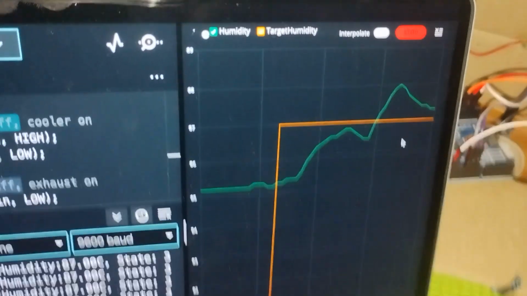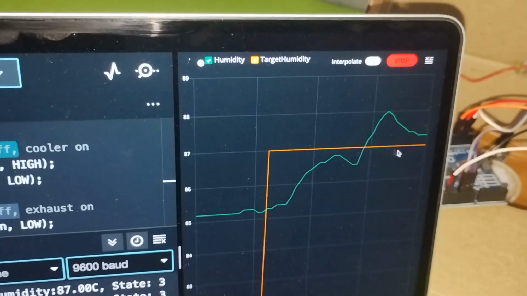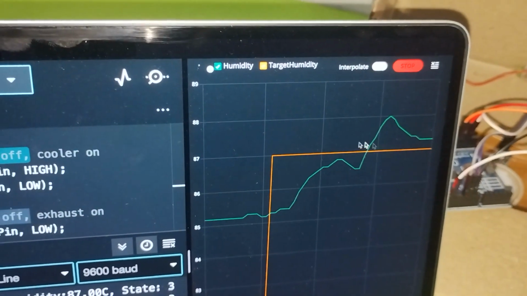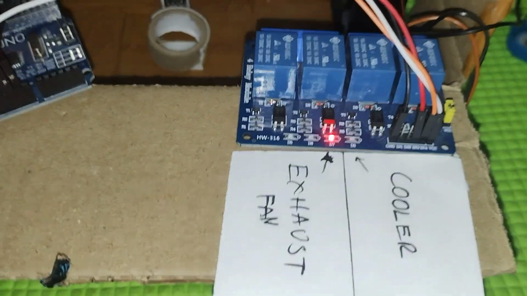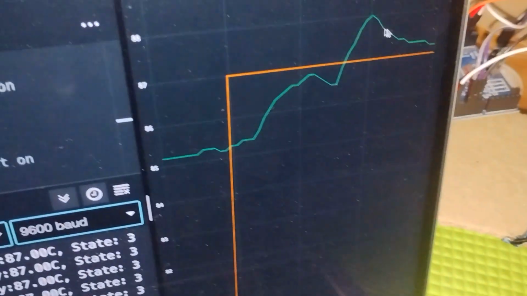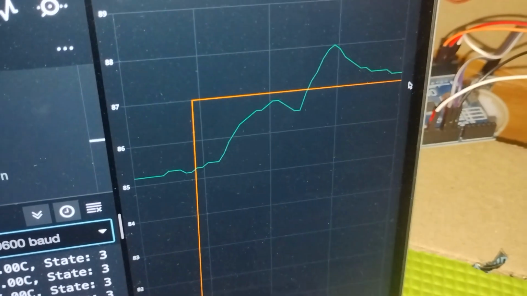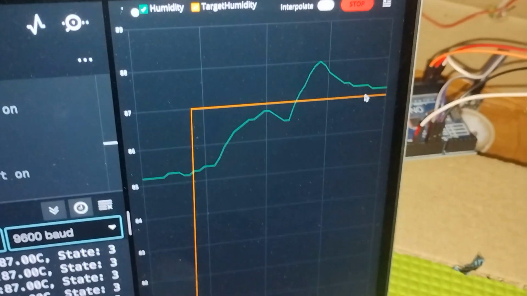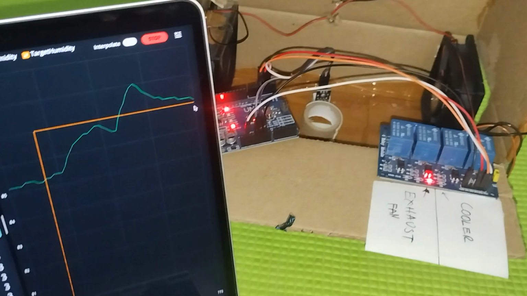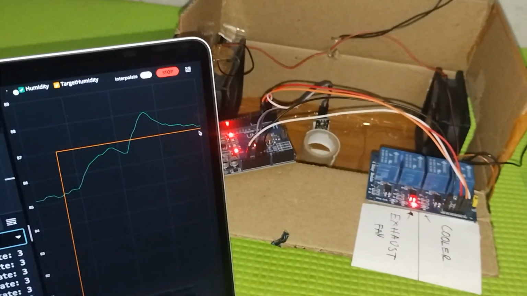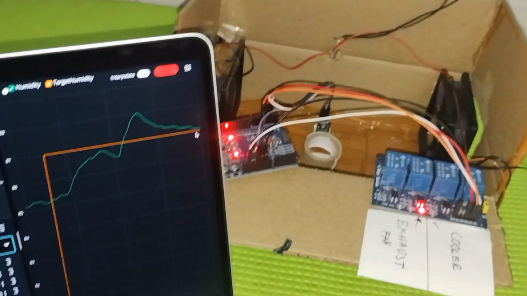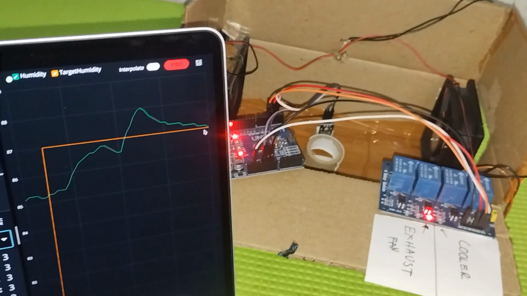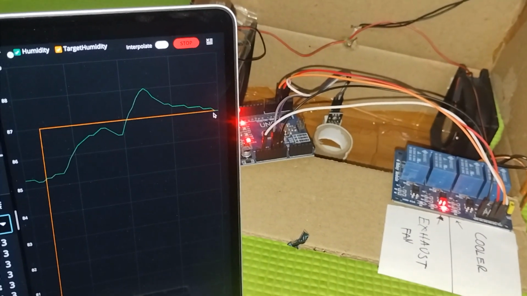As you can see, currently humidity went above the target humidity levels. Now we are going to turn on the exhaust fan as long as the humidity is above the target humidity level. As soon as we reach below the target humidity level, cooler would be turned on.